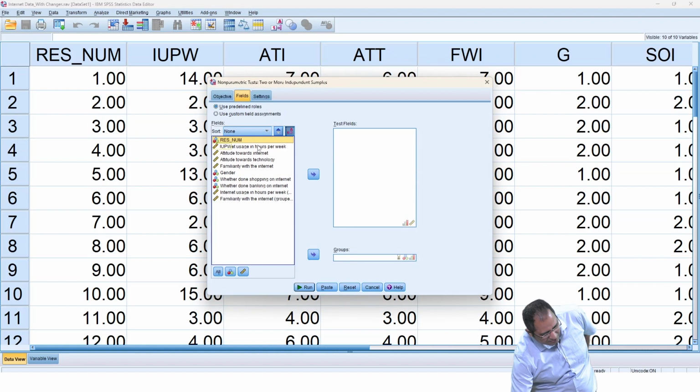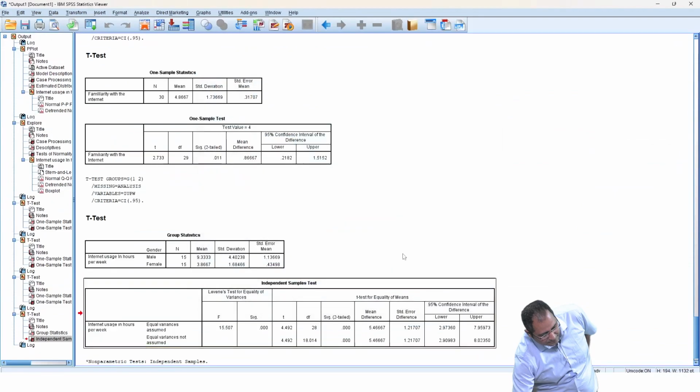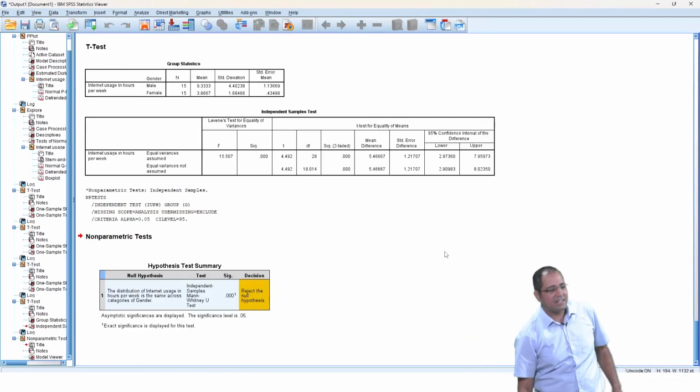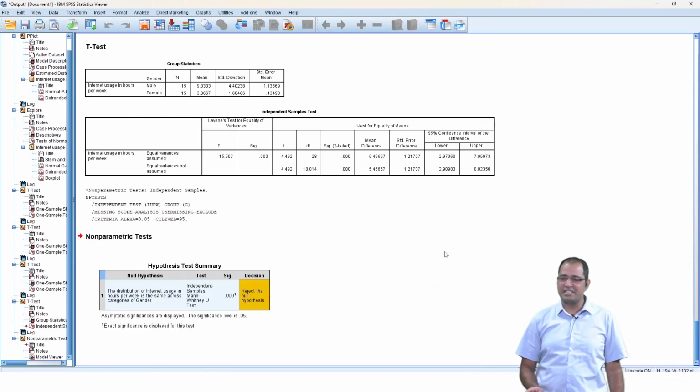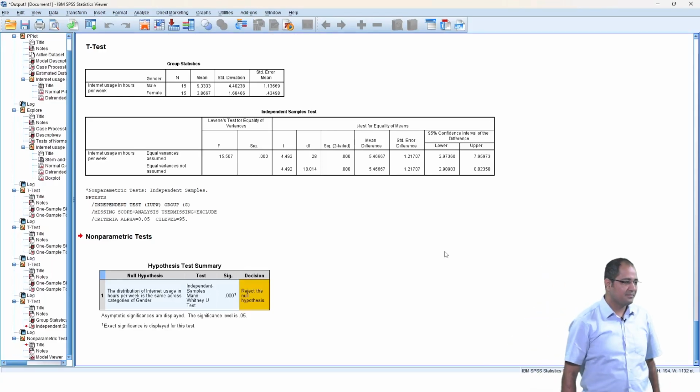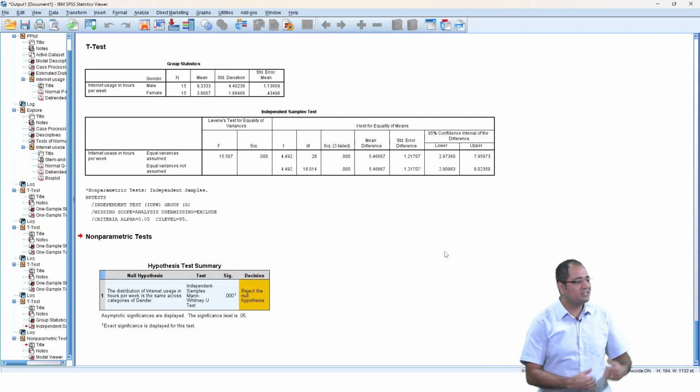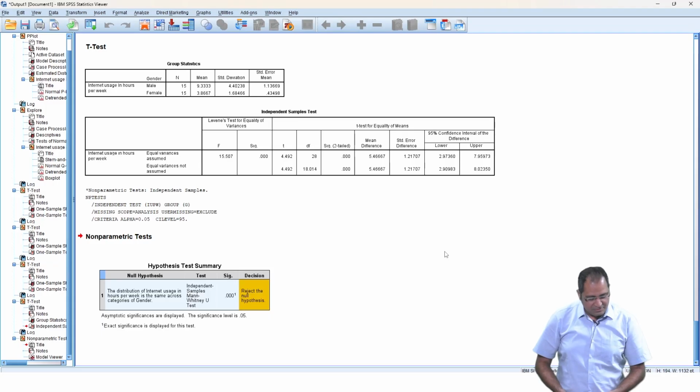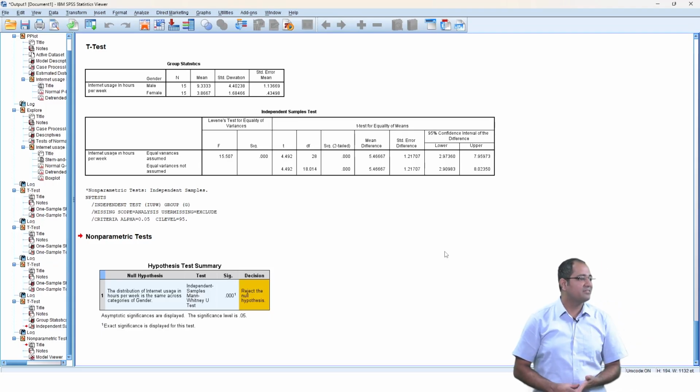So what is the data we want? Internet usage, right? And groups is gender. If you click run, in this case it will give you a statement, it will make your life easy. It will state everything: reject the null hypothesis, what is the null, what is the alternate. See, the null hypothesis statement is given itself.